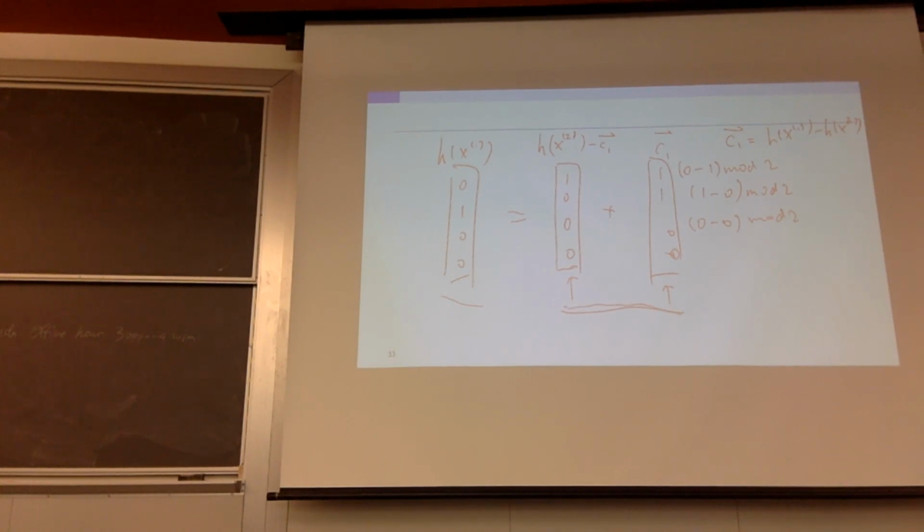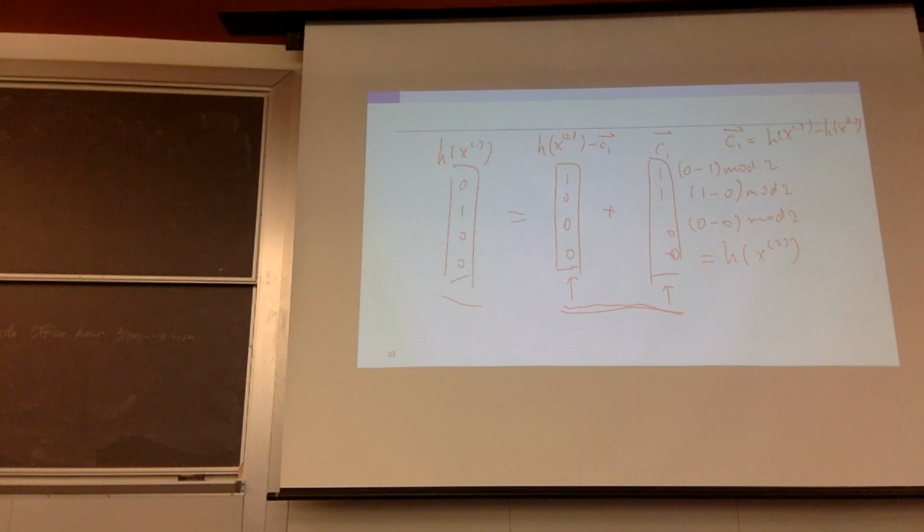Up until here, we have proved that we can construct some C1 such that the two different values have the same hash value.